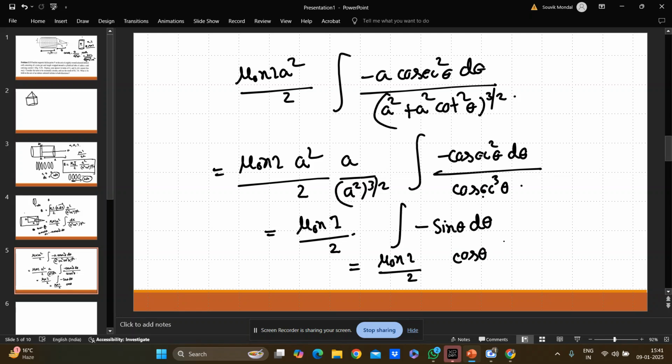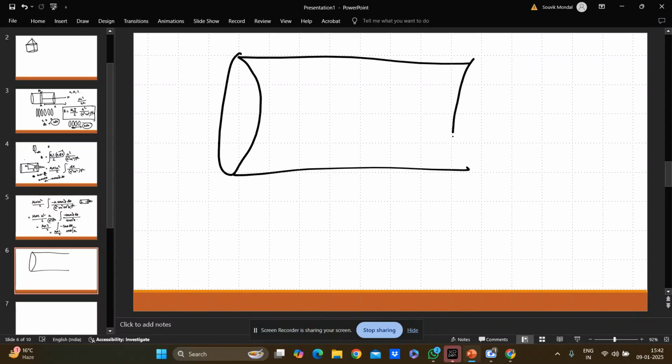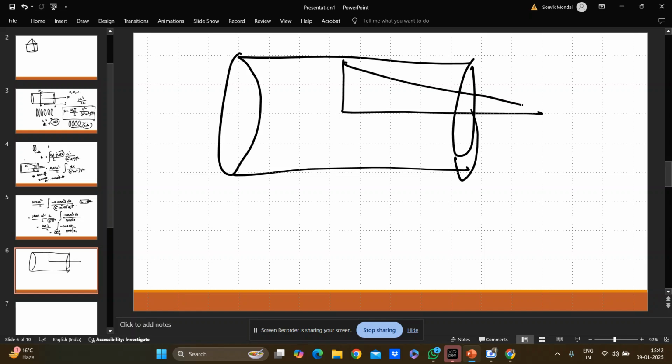Okay, so if your limit is theta 1 to say theta 2, that means suppose this is your solenoid and it starts at theta 1 and it ends at theta 2. That means, let me draw it very clearly. So I assumed that this angle is theta.